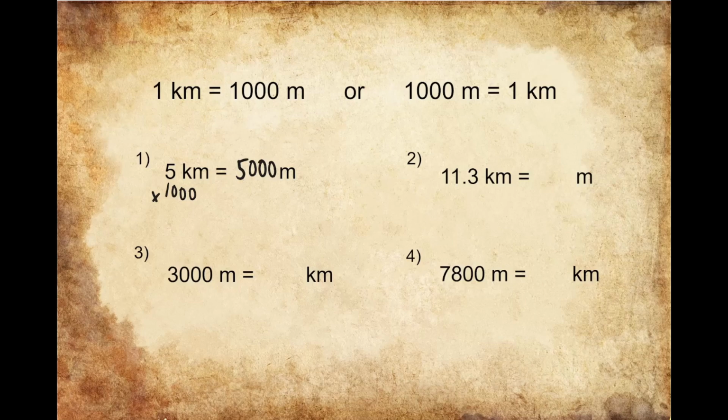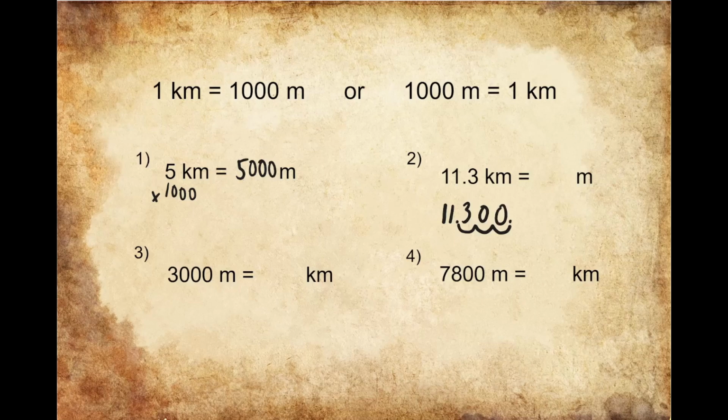So we're going to go ahead and write 11 and 3/10 down below. And now what we're going to do is we're going to move our decimal place 3 places to the right when we multiply by 1,000. So we move it once, twice, and lastly 3 times, giving us a new decimal place here. The next thing that we're going to do is we're going to go ahead and fill in these empty places with zeros.